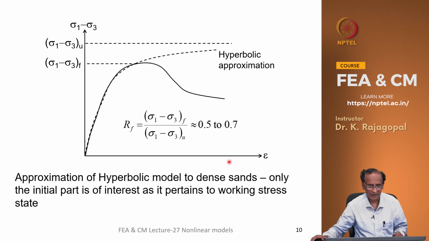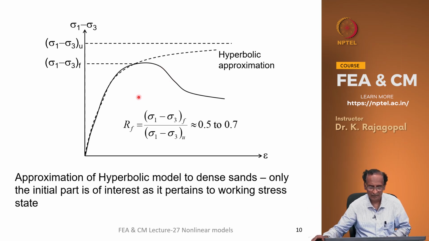And for a dense sand, if we try to fit a hyperbolic equation, it is something like this. We can fit this hyperbolic equation only up to the hardening part, and beyond that the hyperbolic stress will go on increasing, but the laboratory determined deviator stress will fall in the strain softening part.